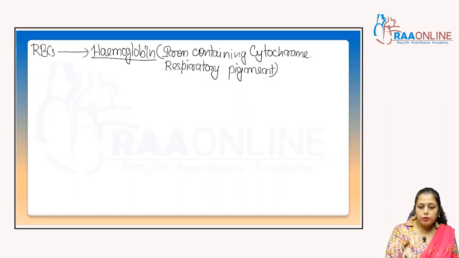When RBC is destroyed, then hemoglobin is destroyed. That hemoglobin is made up of 5% heme and 95% globin, right?